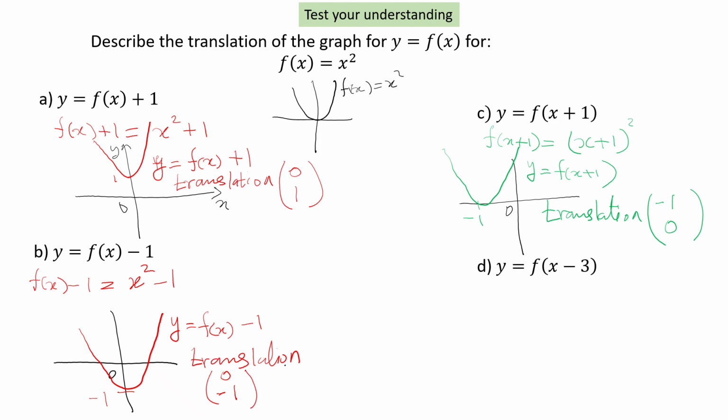Next one, y equals f(x minus 3). So wherever there is x, we need to put x minus 3, so (x minus 3) squared. Now draw the graph.